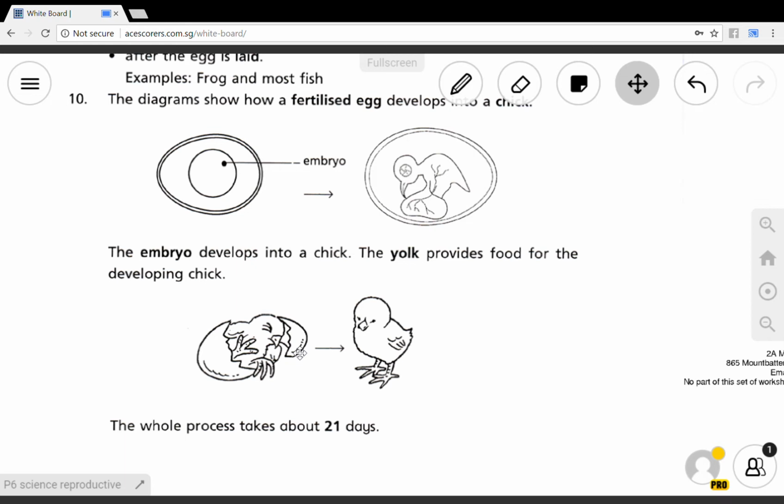For a chick, it's 21 days. For human beings, the fetus takes 9 months. The word is gestation. Gestation period is the number of days it takes for the embryo to develop before it can come out into the external environment.